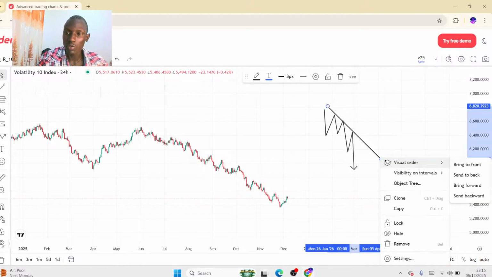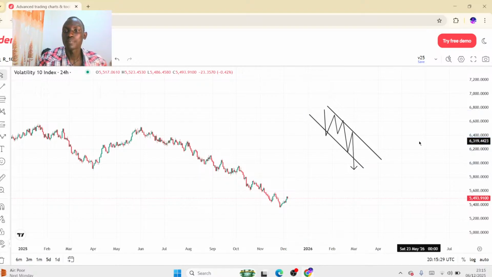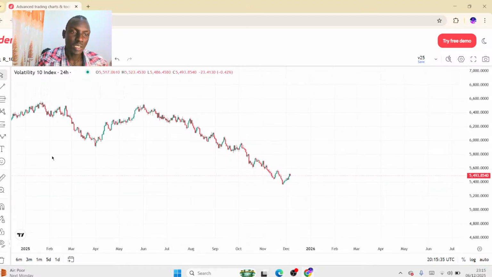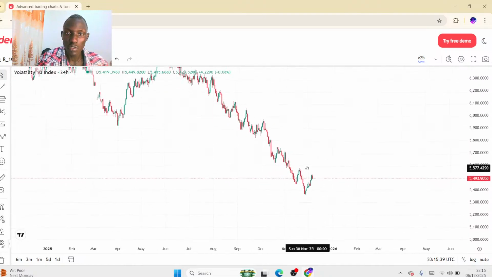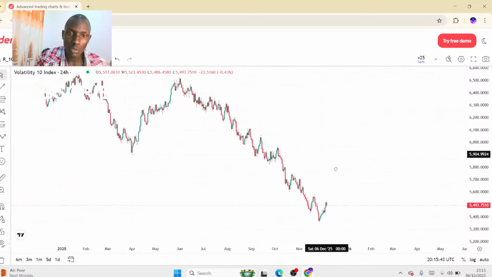So we look for sales in such a trend. After identifying that this is our trend, which is already a downtrend, we are majorly going to look for sales.